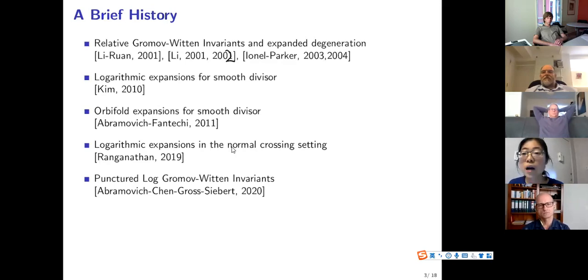Later on there were some refinements or different approaches to this question. Kim in 2010 built the theory using logarithmic stable maps, and I think Abramovich and Fantechi introduced the orbifold techniques for this problem.